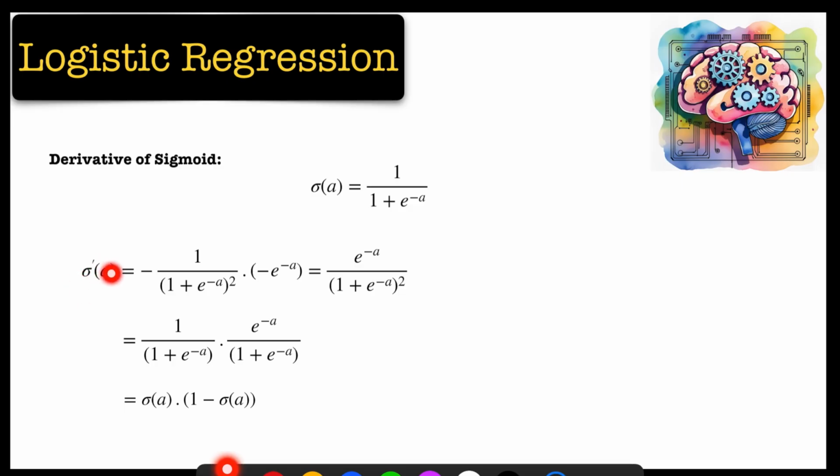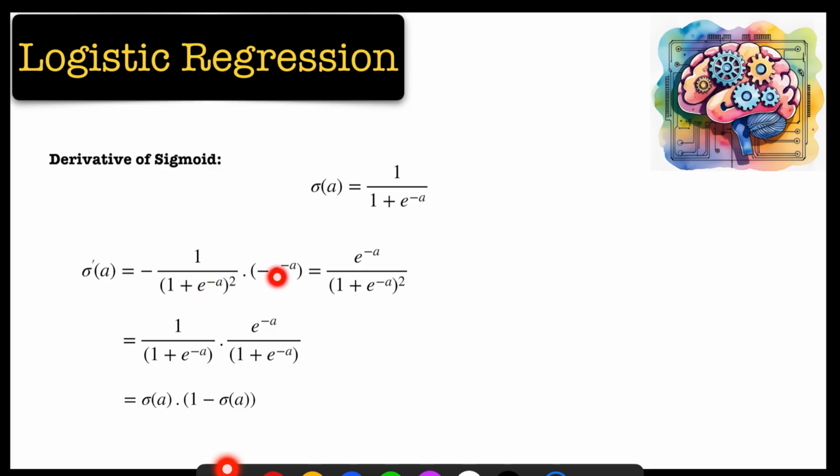This is 1 plus e raised to the power minus a, raised to the power minus 1. So our derivative will be minus 1 over 1 plus e raised to the power minus a, squared, times the derivative of this part, 1 plus e raised to the power minus a, right?